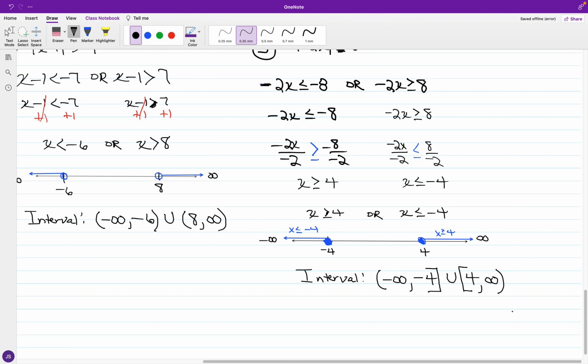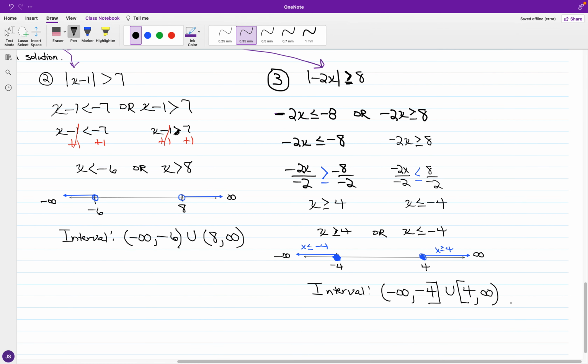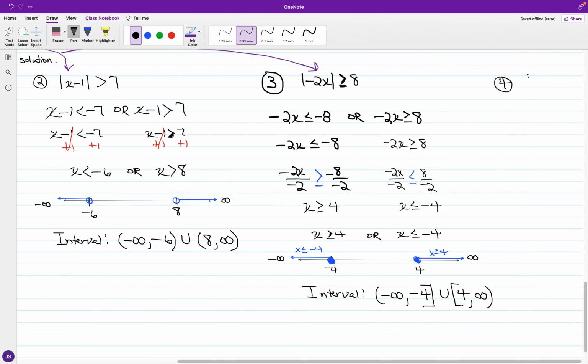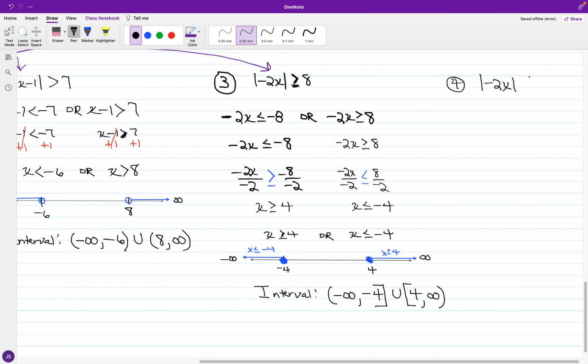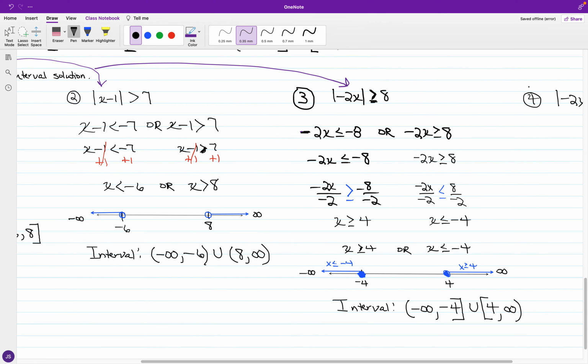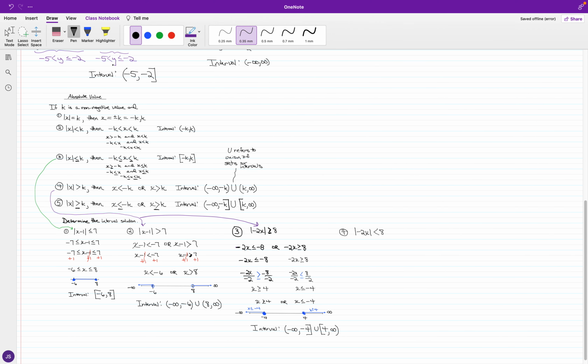All right, and also, if I have the statement that the absolute value of negative 2x is less than 8, this is going to be an application of case number 2, where we have absolute value of x is less than k.